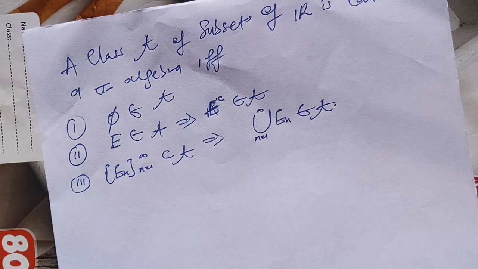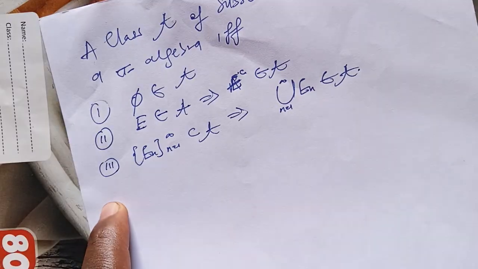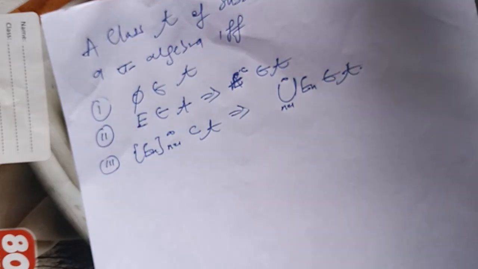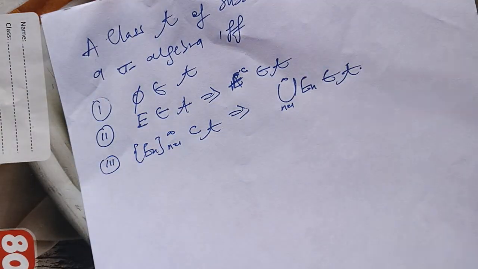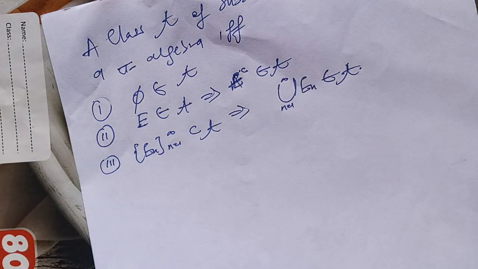Now, this is just the definition of a sigma algebra. Now we have a proposition. The proposition says that every sigma algebra is an algebra.